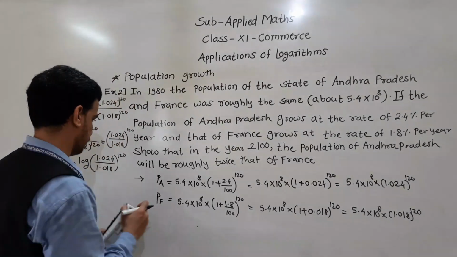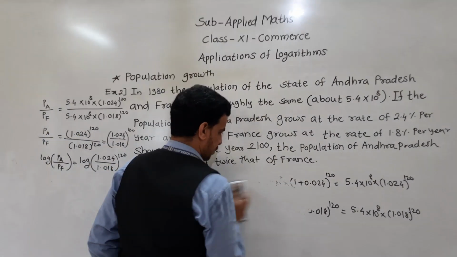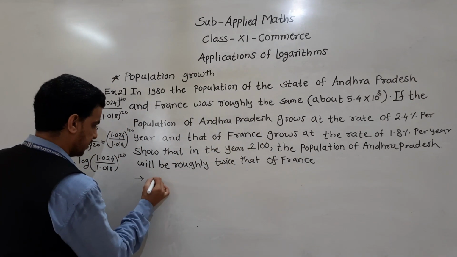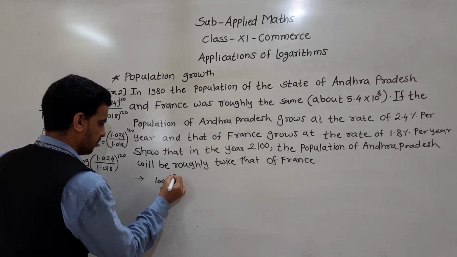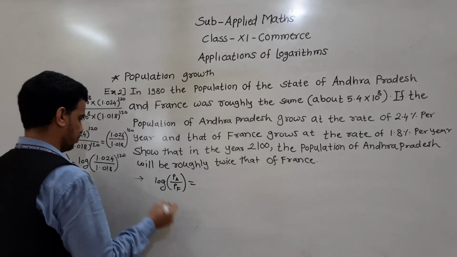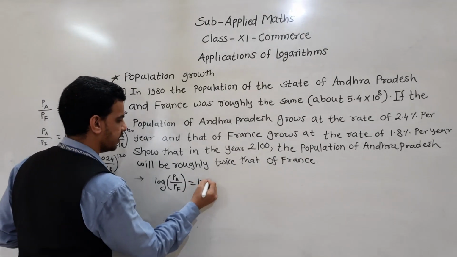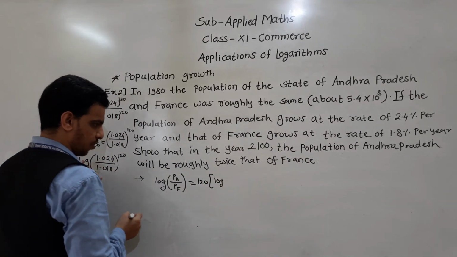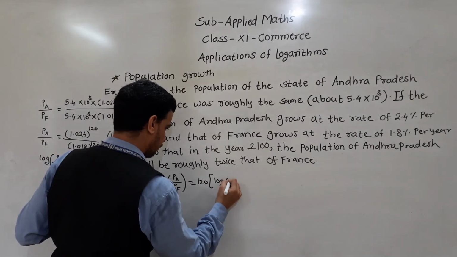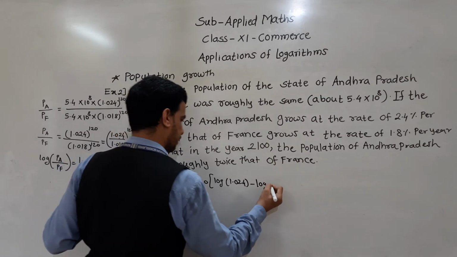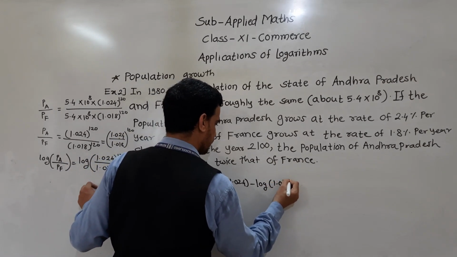Okay, I will write here. So log of PA upon PF is equal to 120 into log of m by n, it is log m minus log n. So log of 1.024 minus log of 1.018.